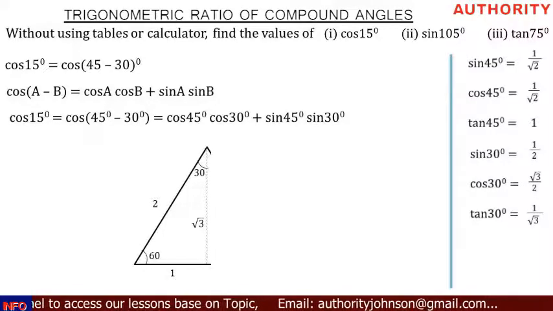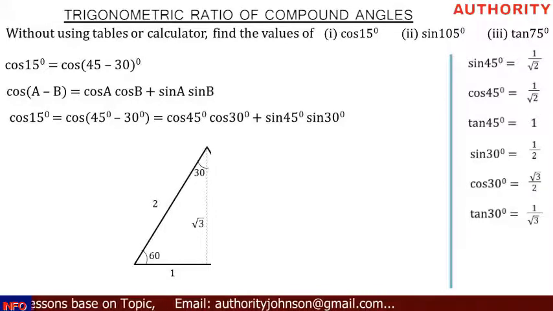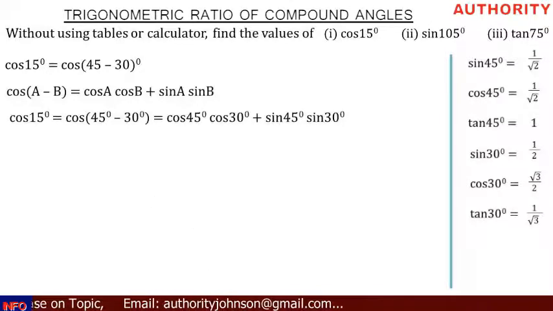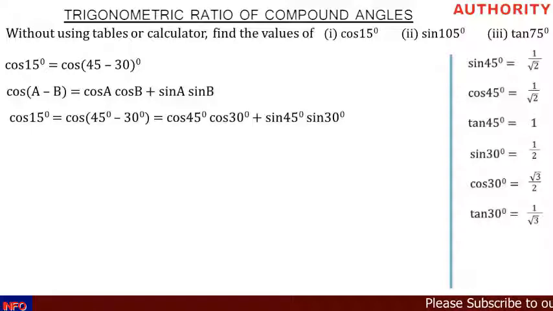Then sine 30 degrees is 1 over 2. So in this place, where we're having cos 45° times cos 30° plus sin 45° times sin 30°, we have found our values for cos 45°, sin 45°, sin 30°, and cos 30°.